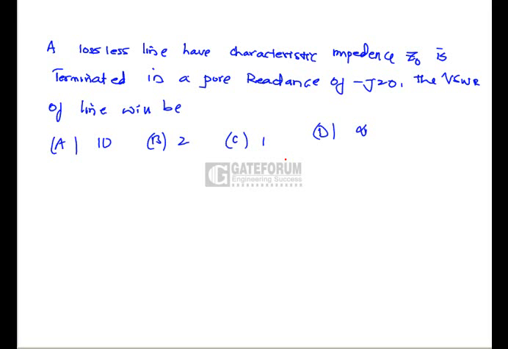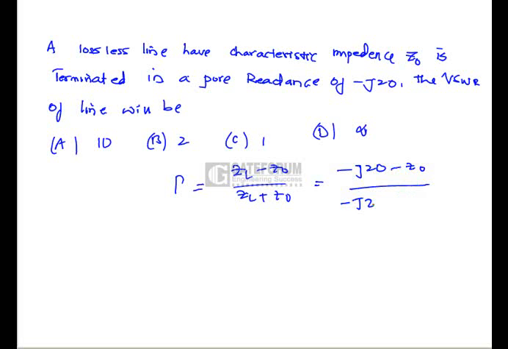A lossless line having a characteristic impedance Z0 is terminated in a pure reactance of minus j20. The VSWR of the line will be? Here, for a lossless line, the characteristic impedance is nothing but resistive. So if we terminate it with an imaginary impedance, we know that the reflection coefficient is (ZL minus Z0) by (ZL plus Z0), that is, (minus j20 minus Z0) by (minus j20 plus Z0).